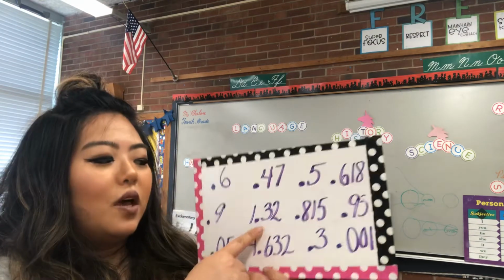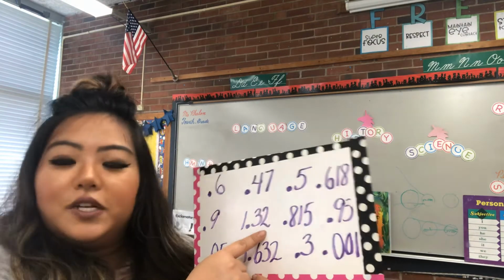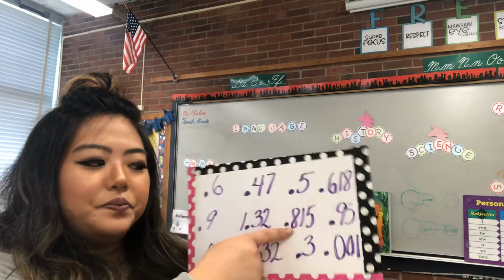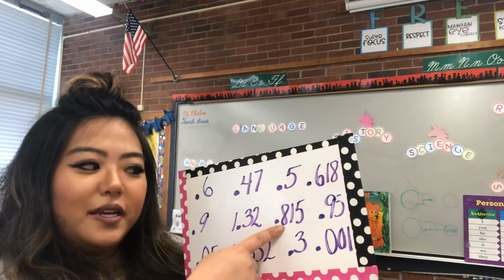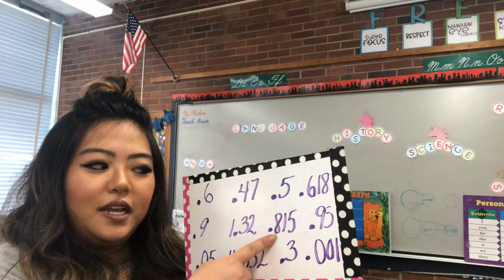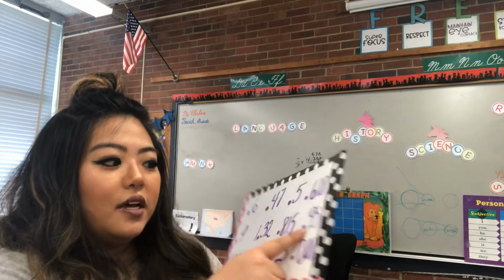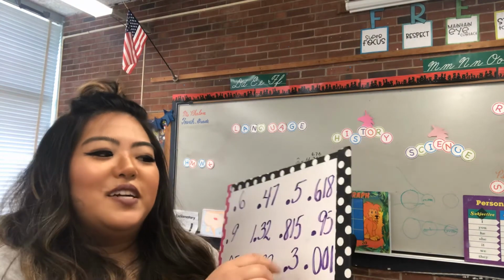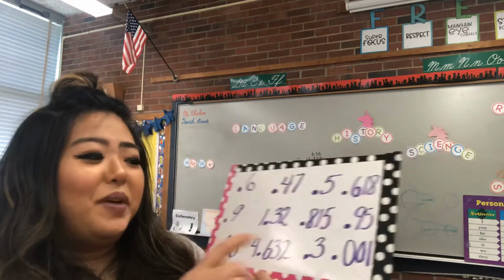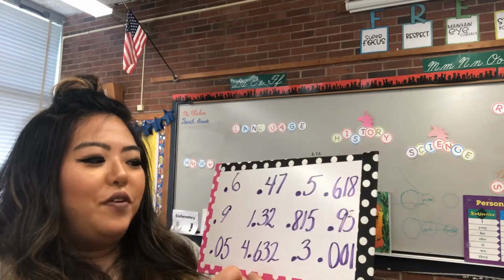Stephen, 1 and 32 hundredths. You are correct. Griffin, 815 thousandths. Olivia, 93 hundredths. Sorry, I couldn't read that for a second because I couldn't tell if I wrote a 5 or a 3. It's a 3.